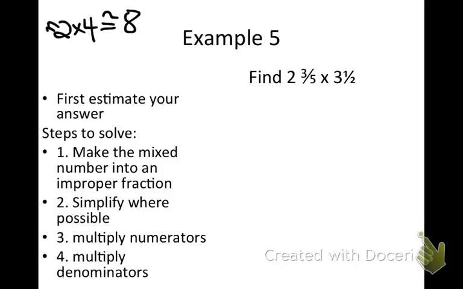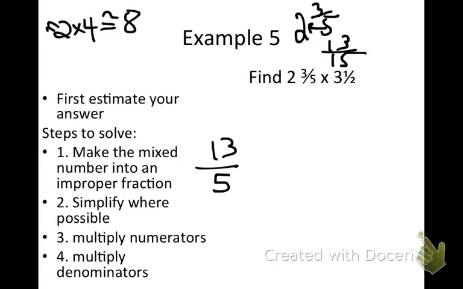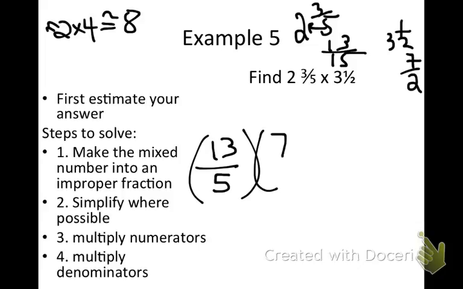Okay, so we want to make our mixed numbers into improper fractions. So 2 3/5. Again, I'm going to take 2 times 5 is 10, plus 3 is 13. So that becomes 13/5. 3 1/2 becomes 2 times 3 is 6, plus 1 is 7, so that's 7/2. We multiply 13/5 times 7/2.